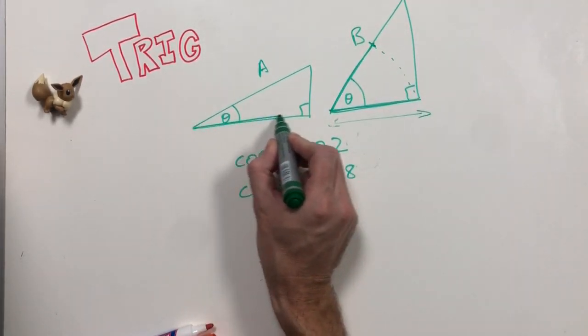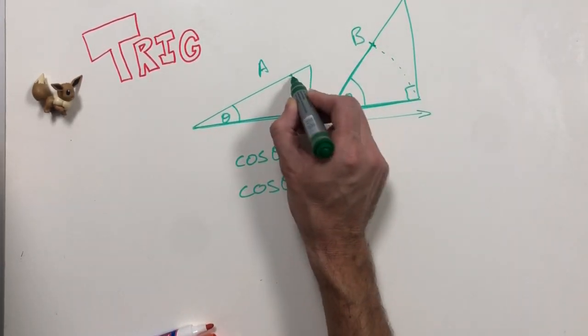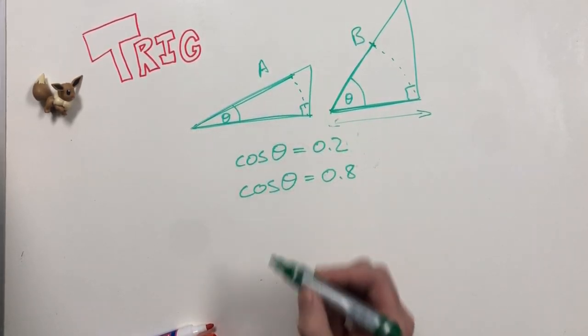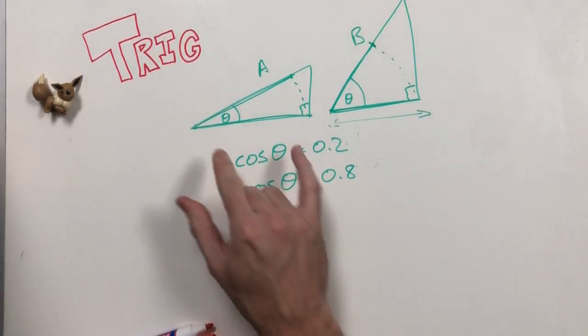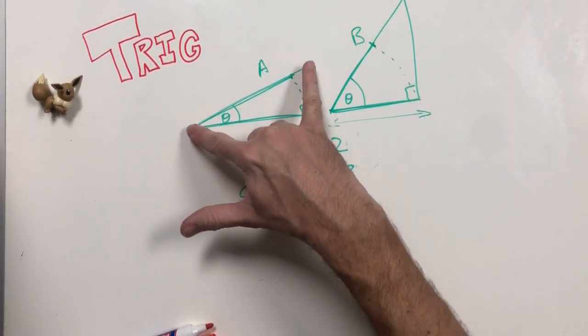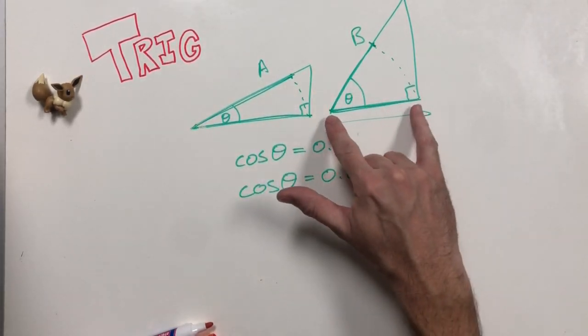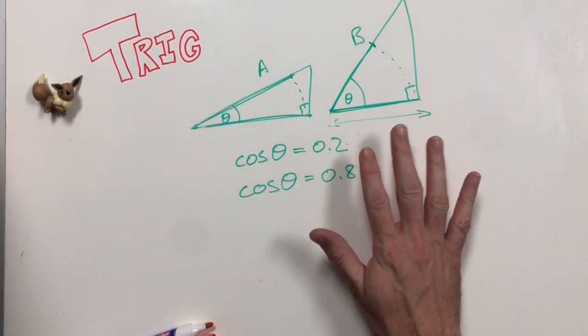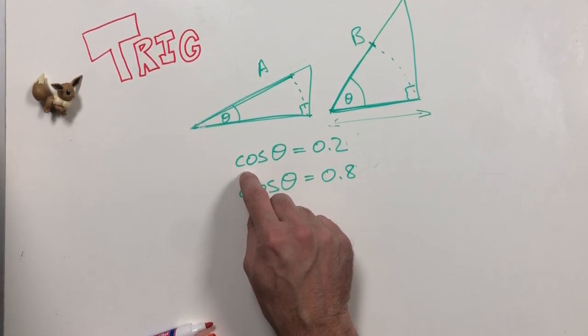In this case, that would probably be around there. Would you agree that this line is covering more of the hypotenuse and this line is covering less of the hypotenuse?